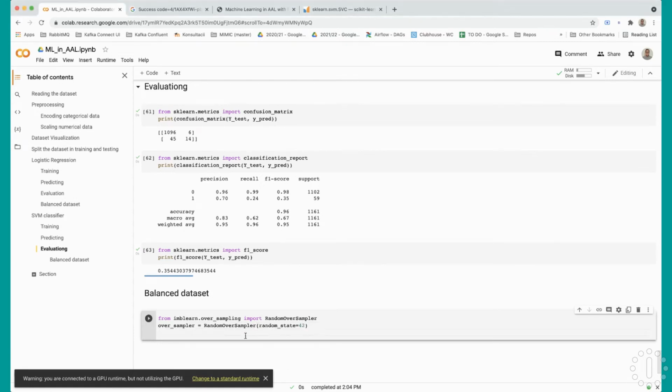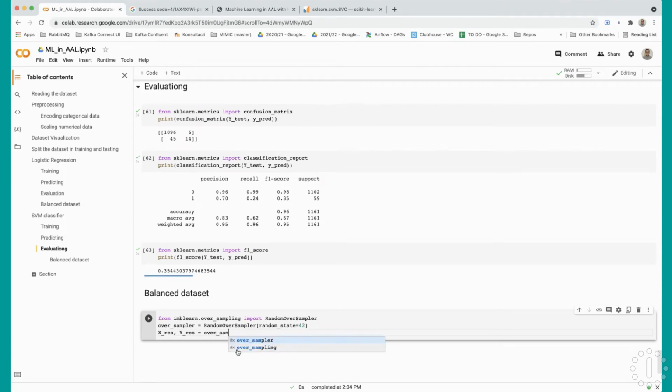And then we will create xres and yres, which will be equal to the oversampler dot fit resample, and we'll send x train here and y train.